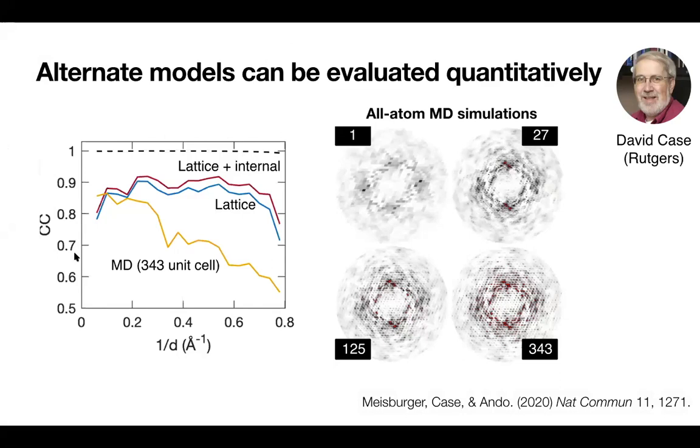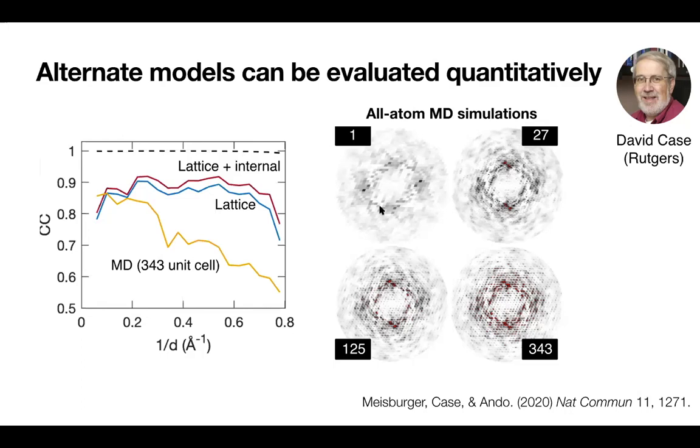So using the CC, we can evaluate models quantitatively, and actually a big part of this project was doing all-atom molecular dynamics, which was done in collaboration with David Case. One thing he did was run all-atom MD on different supercell sizes. In other words, he arranged proteins into a crystal in the computer with periodic boundary conditions and then ran molecular dynamics.